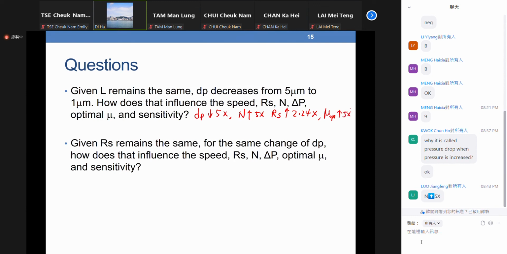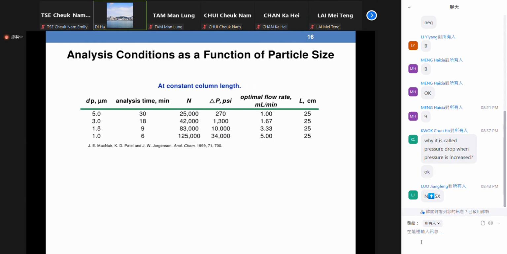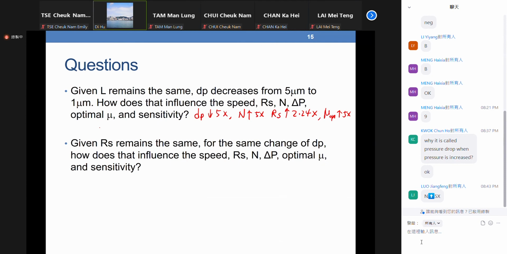And how about the time? The time is then shorter by 5 times, right?